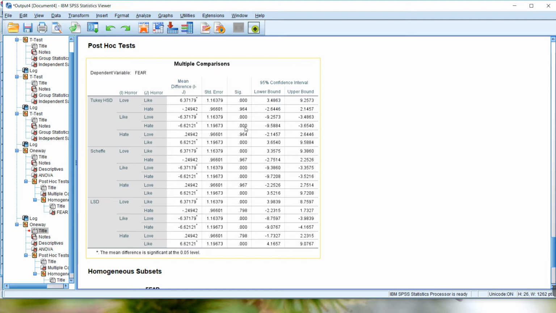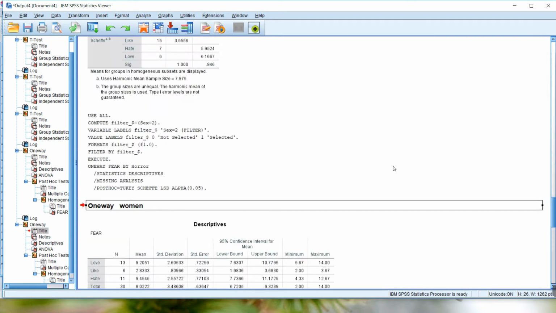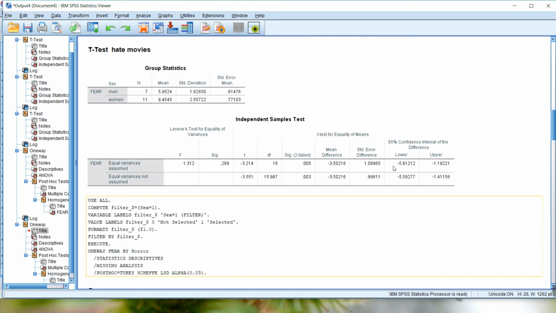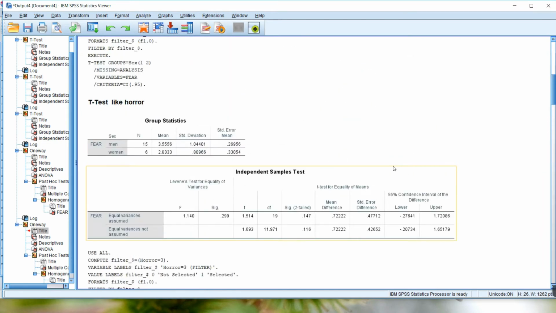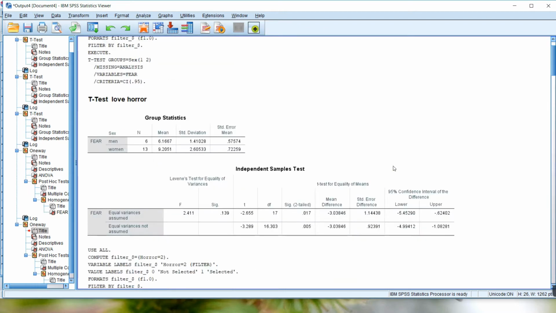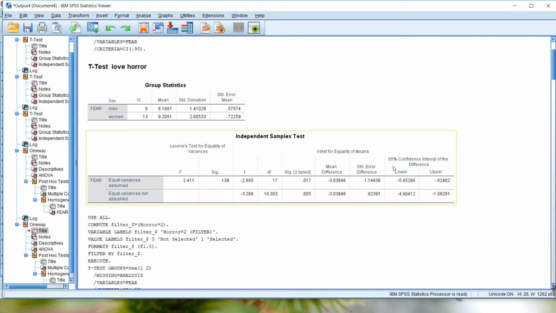So given that the pattern is the same for men and women, that is not the test of simple main effects we should be looking at. We would look at the first test of simple main effects, and that's the one where we ran all those t-tests. All right. When we ran all the t-tests, that's where we found different things going on between men and women depending on which type of movie they watched or reported liking.